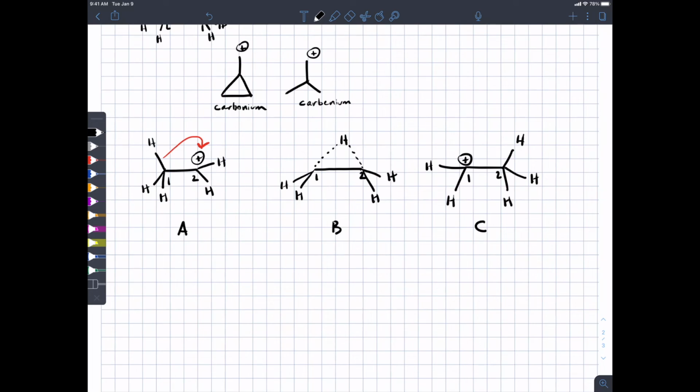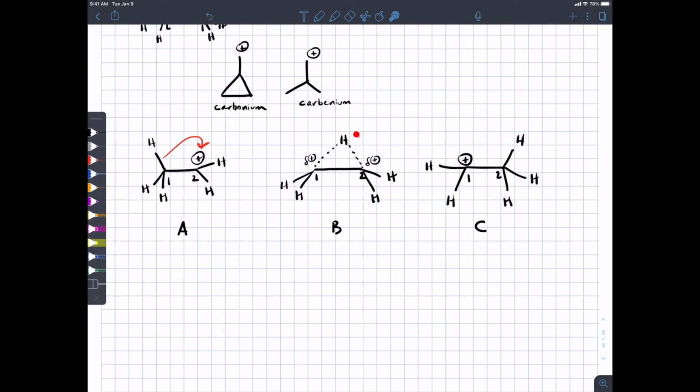A question you could ask is, if you do the math and make some measurements, is B a transition state? And I guess we would have to put partial positive charges here and here. Is B a transition state, or is it an intermediate?